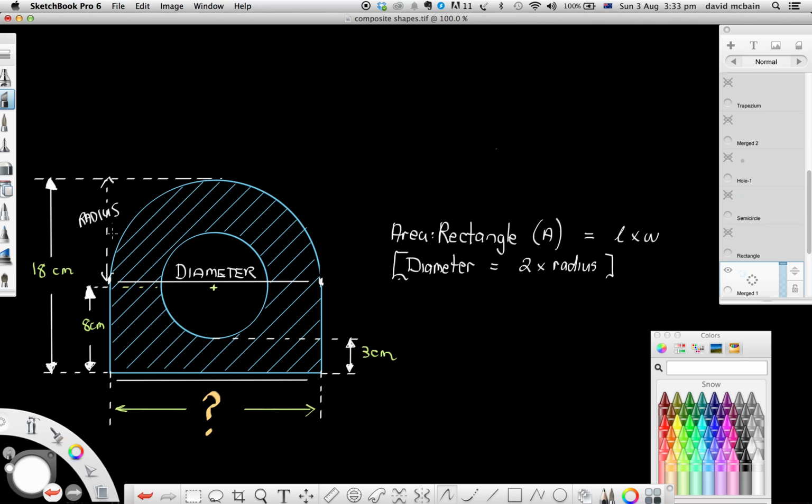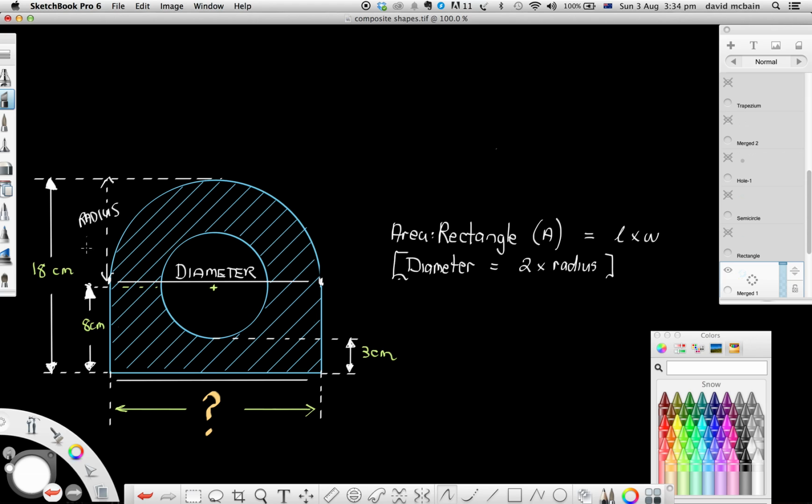So the radius of our semicircle, from the centre to the outside, is that distance there, from here to here. We don't know that distance, but we know that from here to here is 18, and this length here is 8.